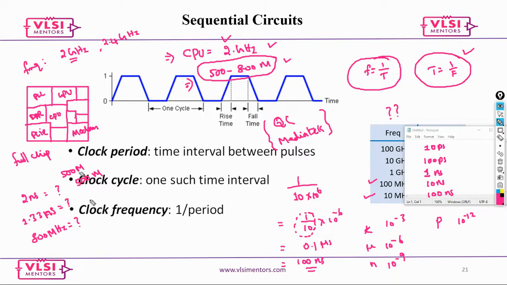And 1.33 ns is approximately 750 megahertz for the second one.